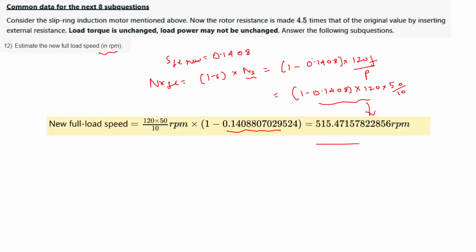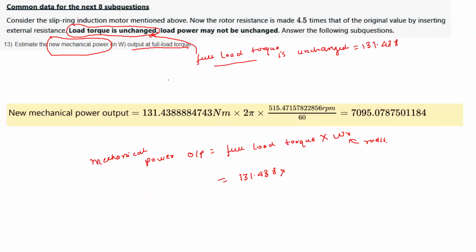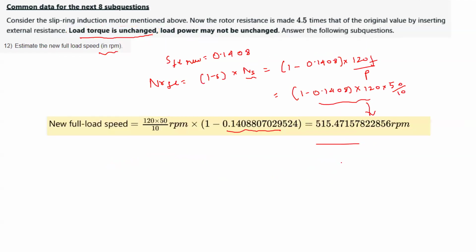Okay, so even if they have not mentioned in the question that load torque is unchanged, you have to understand that the full load torque and the maximum torque remain unchanged. It just gets shifted in the x-axis. So this is into omega r in radian per second. What is omega r in radian per second? It is 2 pi nr by 60. Nr is in rpm. What is nr in rpm?